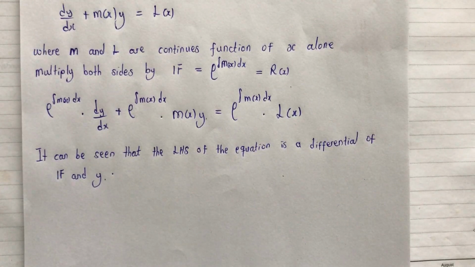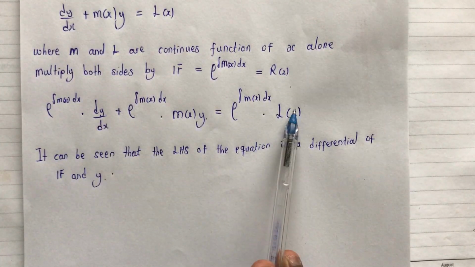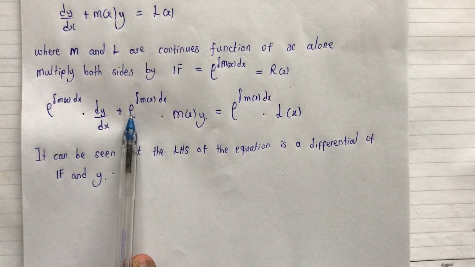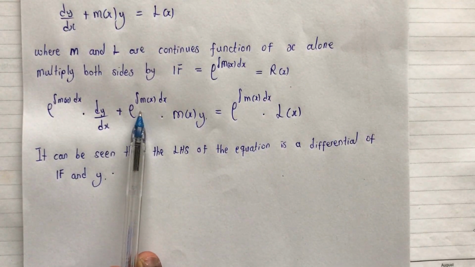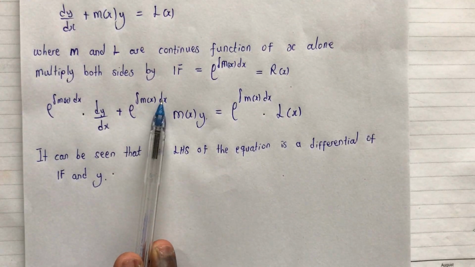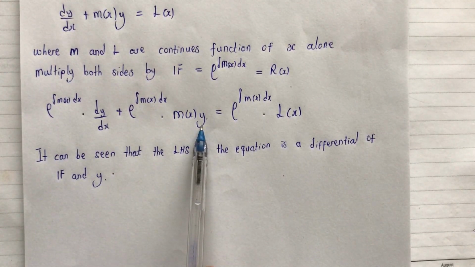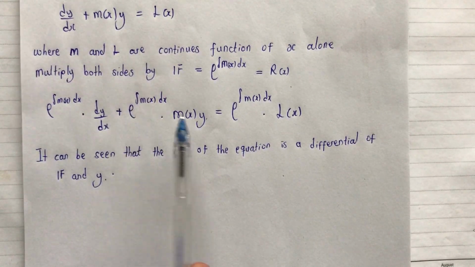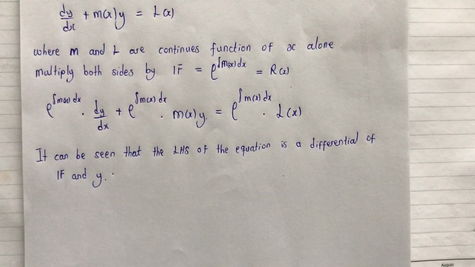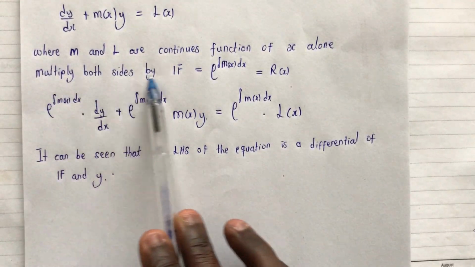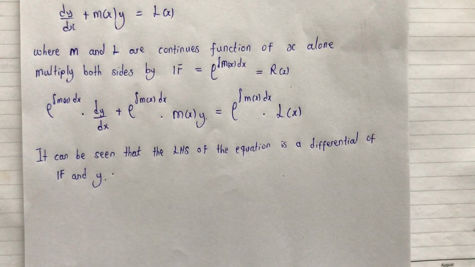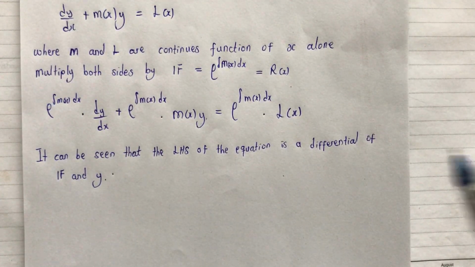Now, this is very important because when we get here, all we need to do is to consider the derivative of the integrating factor e to the integral of m of x dx and the variable y. Why? Because when we consider the product of this and the variable y and we differentiate it using the product rule, the result is going to generate the left hand side. I've already explained that in the introduction video, so there's no need for me to do it here.